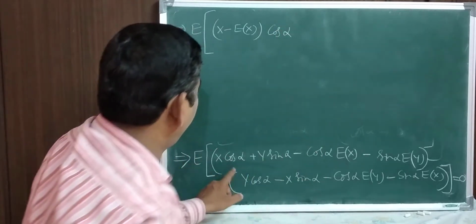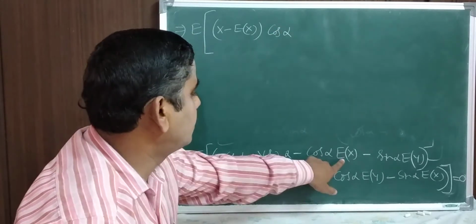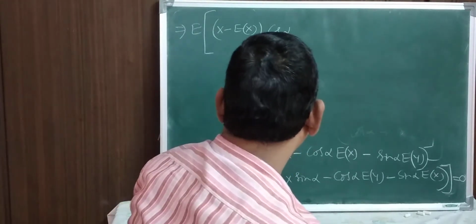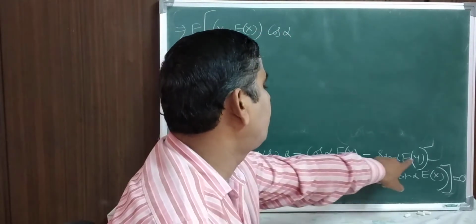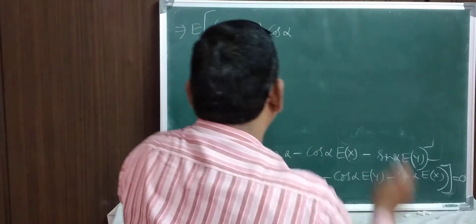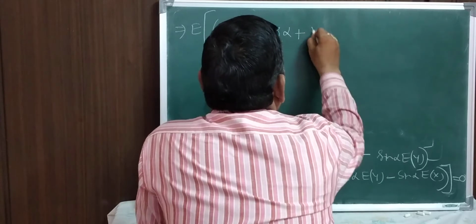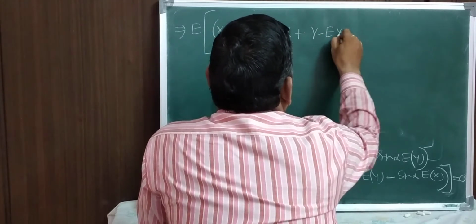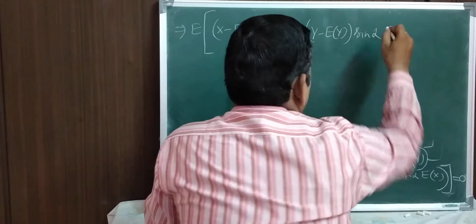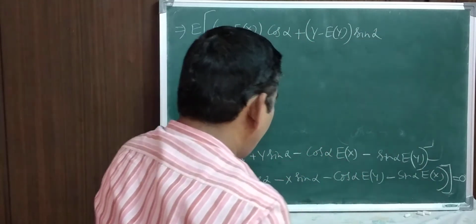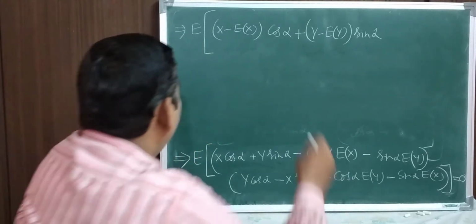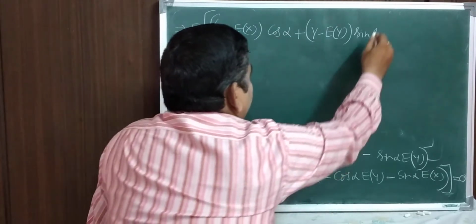That is the first term, x minus expectation of x, taking cos alpha common, and then y sin alpha minus sin alpha into expectation of y. If you take sin alpha common, then the next term is y minus expectation of y into sin alpha. That's all, this is the first term.